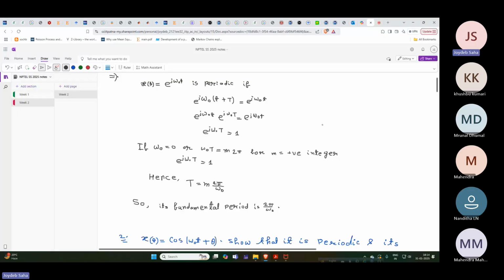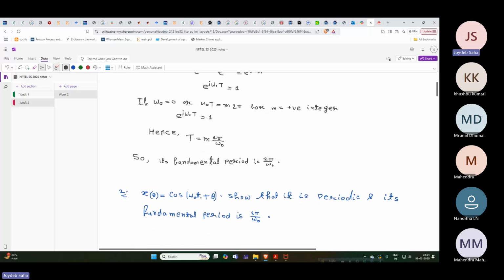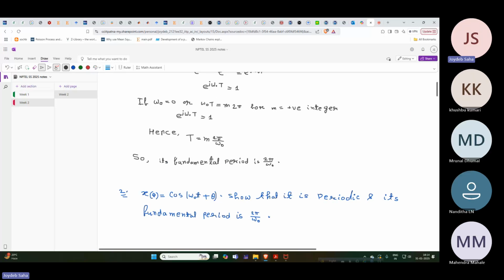So for those who have just joined, we have solved the question x(t) is equal to e to the power j omega 0 t, and we have shown it is periodic and its fundamental period is 2 pi by omega 0. The signal is a complex exponential signal, right? Now we have a cosine signal x(t) is equal to cos(omega 0 t plus theta), and we have to show that it is periodic and its fundamental period is 2 pi by omega 0.